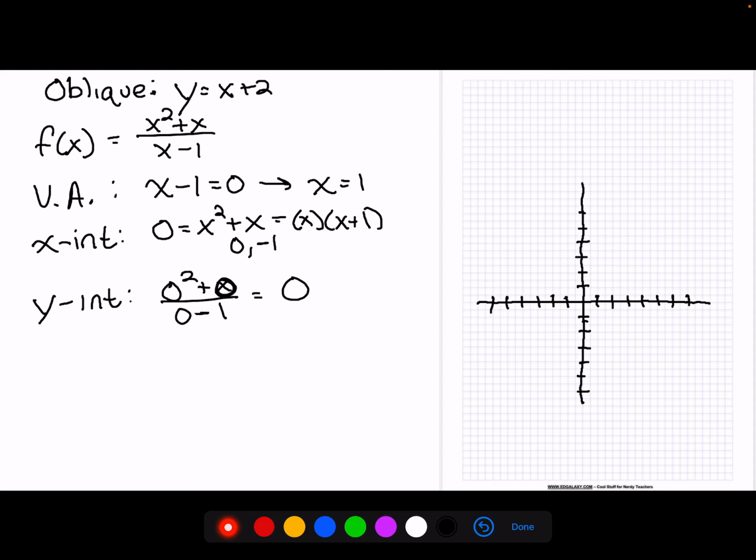Vertical asymptote x equals 1, so we do a nice dashed line at x equals 1. For the oblique asymptote, y equals x plus 2, it has a y-intercept at 2 and a slope of 1: up 1 over 1, or down 1 over 1. So it's going to look like this.